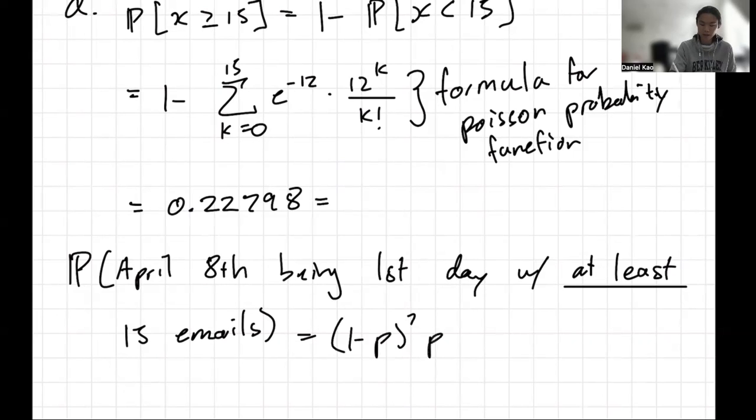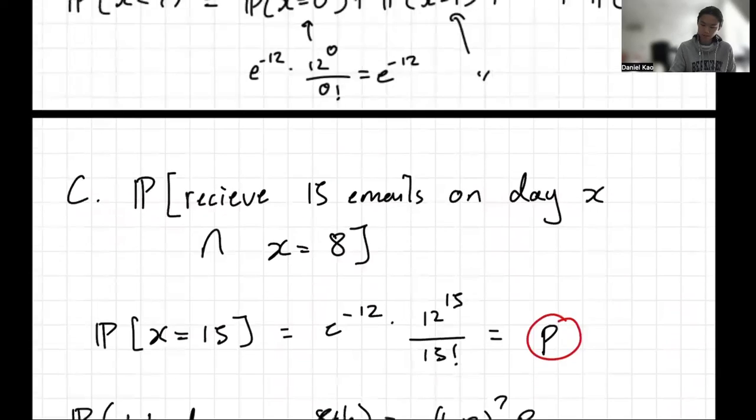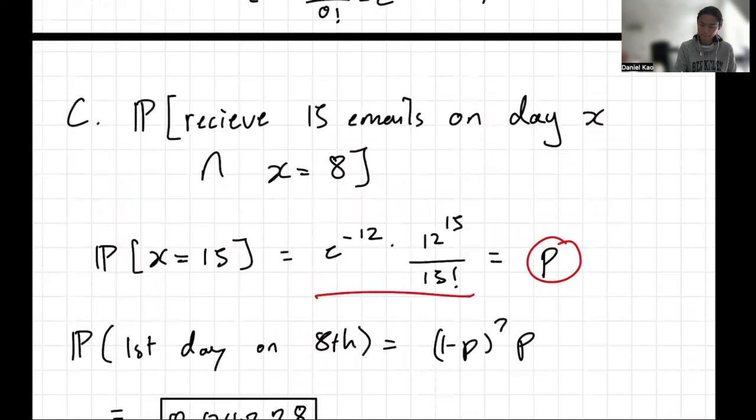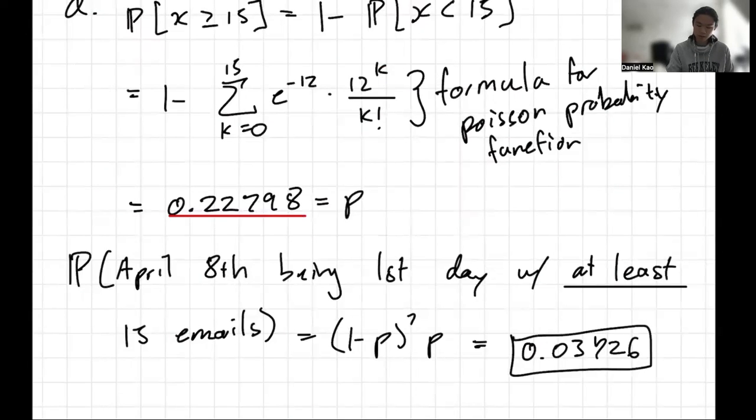So the difference is now this number is p, and not this number right here. Great. And if you're curious, this number comes out to be 0.03726. And that's the answer for part D.